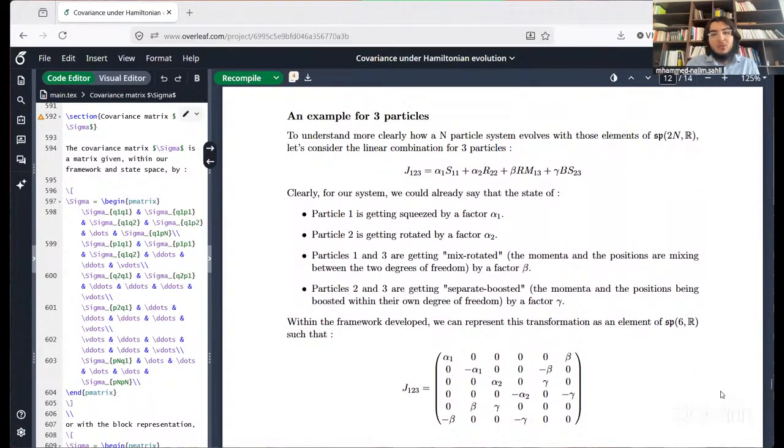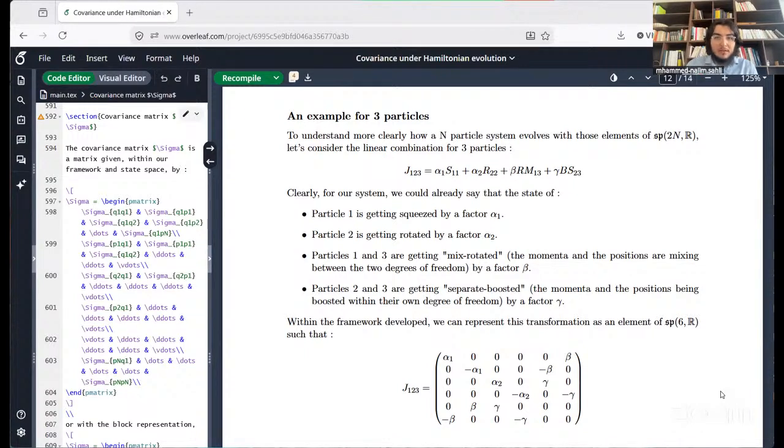So if we have, for example, three particles or 3 degrees of freedom, technically, because of how transparent our model is, for any kind of generator J123 at the bottom, we can see clearly what elements we used to construct that matrix.